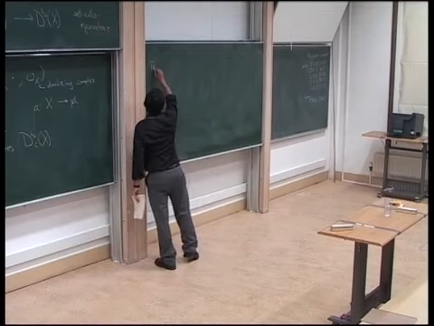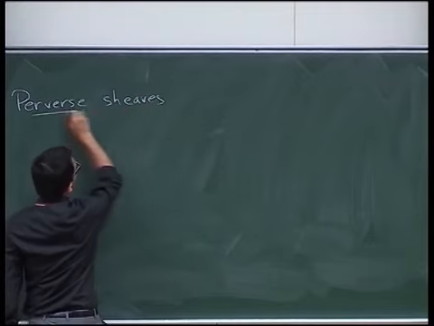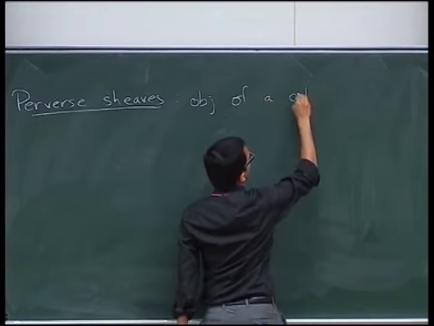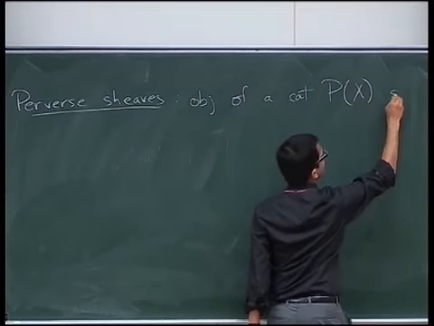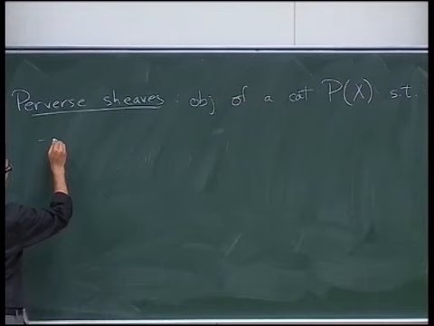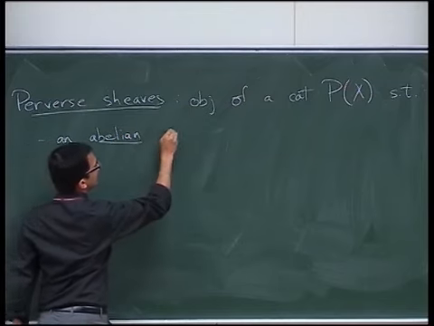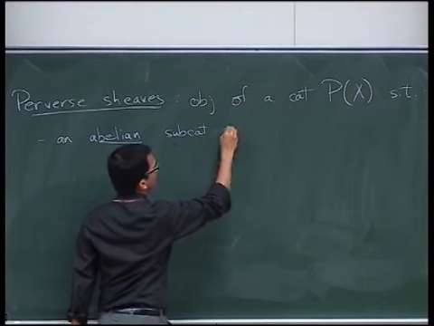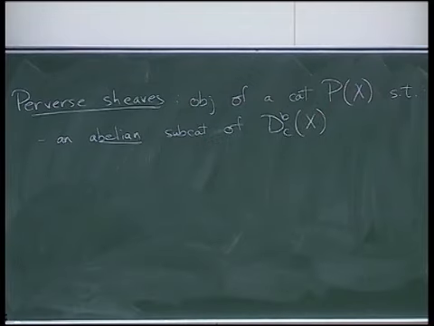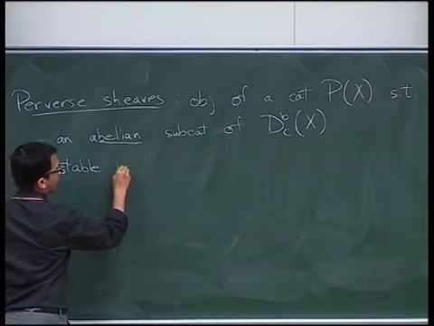Perverse sheaves are the objects of a category P of X with the following two properties. So one is that it's an abelian subcategory of the category of constructible objects. So the derived categories themselves are, of course, not abelian categories in general. And it's stable under Verdier duality.